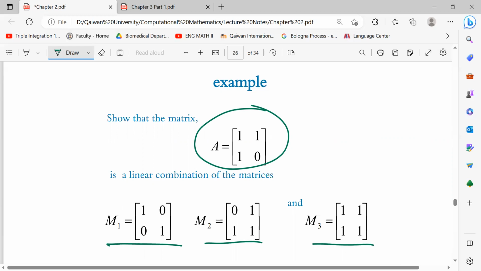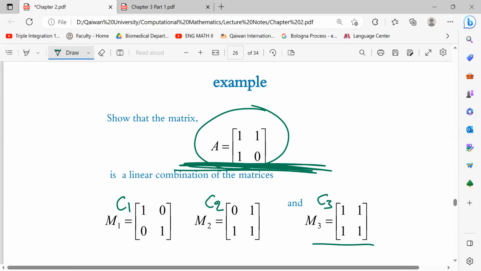That means we need to find a value to multiply by matrix 1, a value multiplying by matrix 2, and a value multiplying by matrix 3, and find the sum of these three to get A. And then we can say A is the linear combination of M1, M2, and M3. So it's the same as before, but here, instead of having vectors, we have matrices. It's okay.